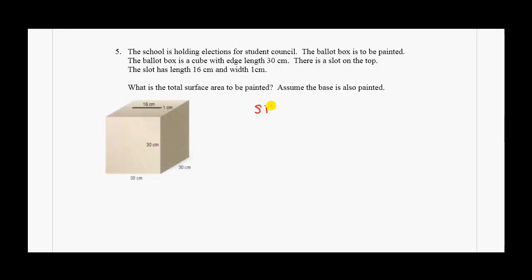So, we can begin by calculating the surface area of all the sides. Area is length by width. Since it is a cube, every face has the same area. There are 6 faces.